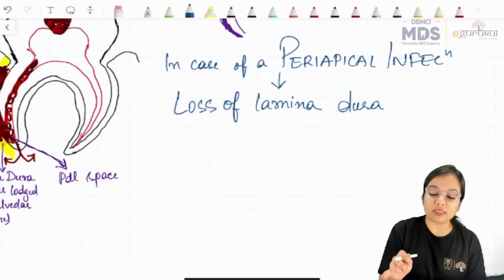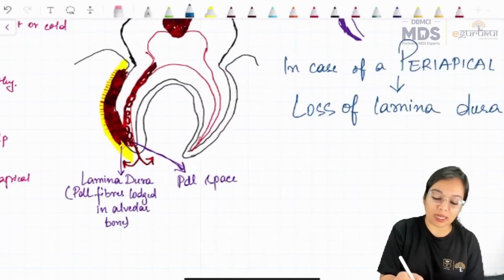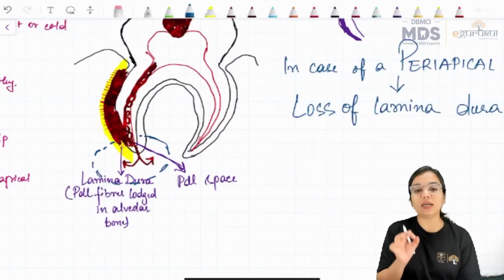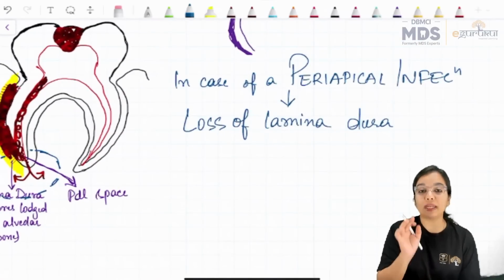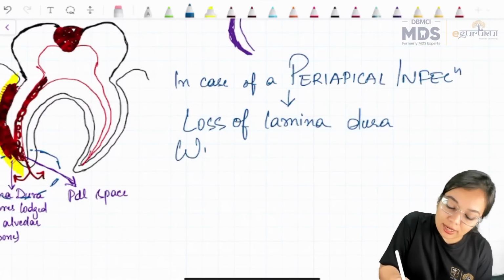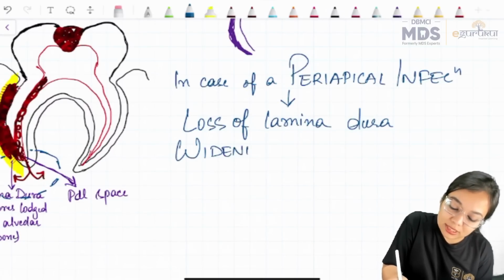Periapical means around the apex area. So whenever there is a periapical infection, there will be loss of lamina dura and widening of the PDL space.